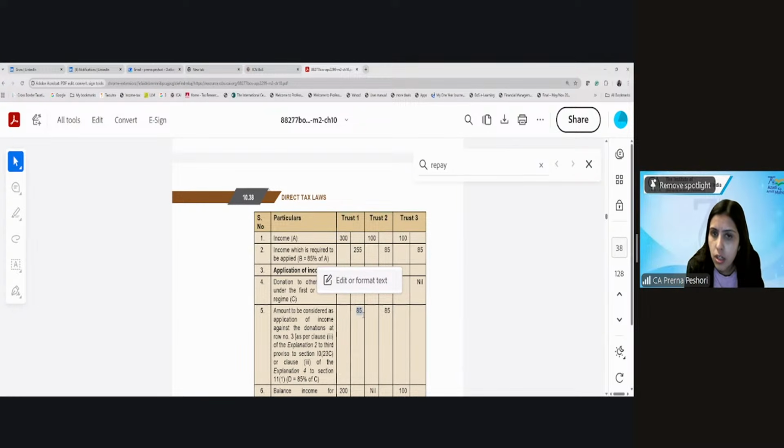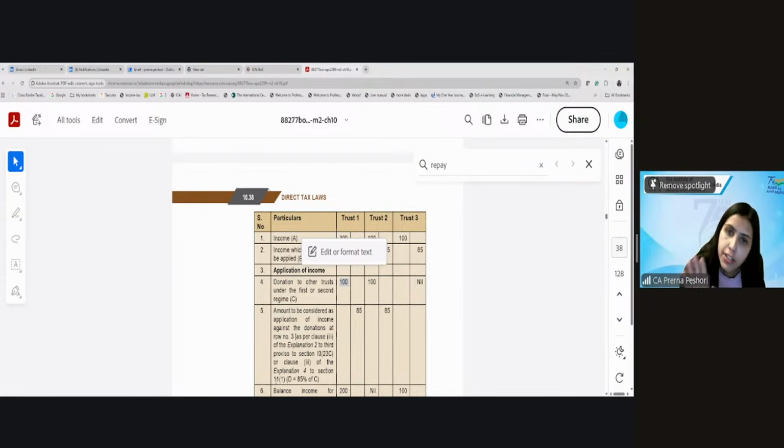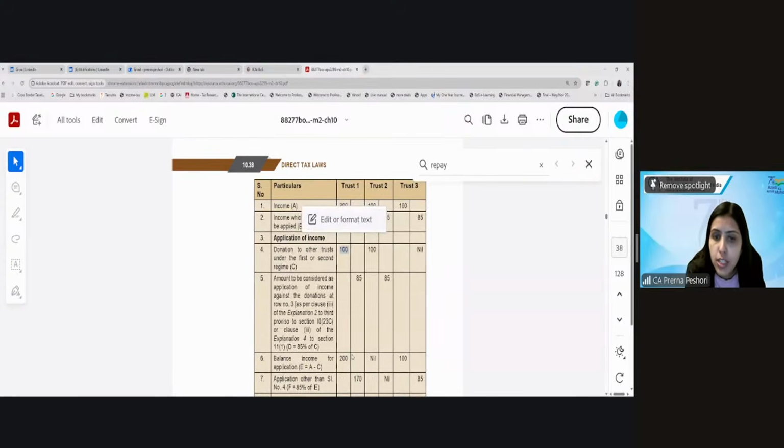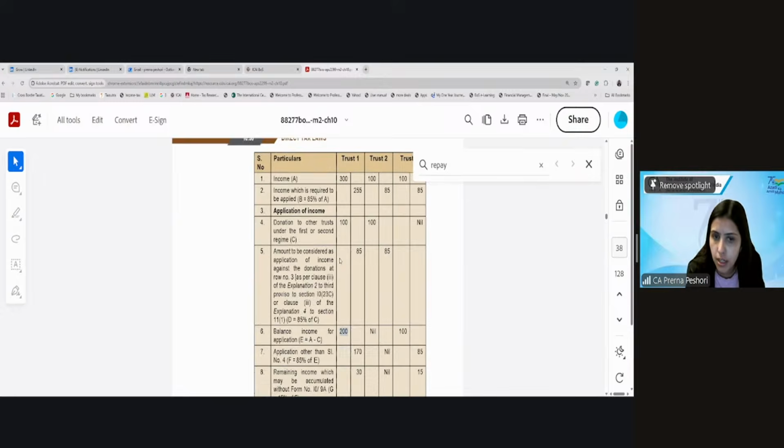Yes or no? So if I take 200 as the cash income, 300 minus 100 that I have, then 200 minus 15% comes to 170 only. Yes or no? But the balance income which is available for application is 200, 300 minus 100, the cash income.